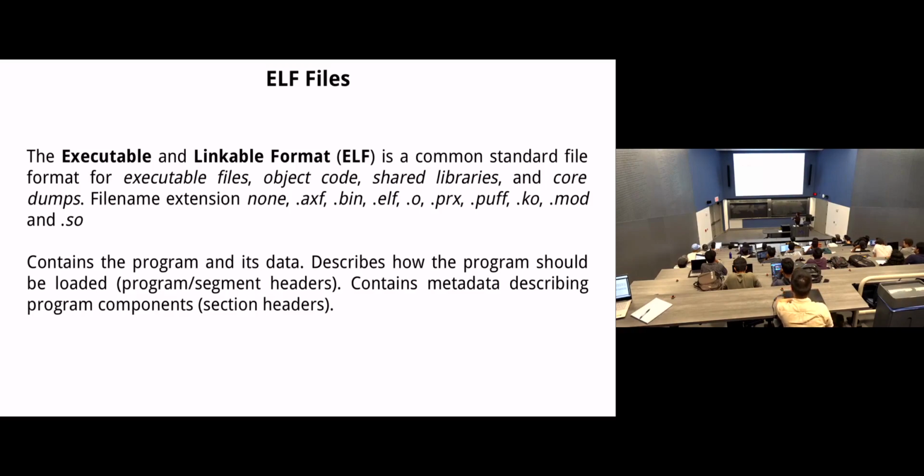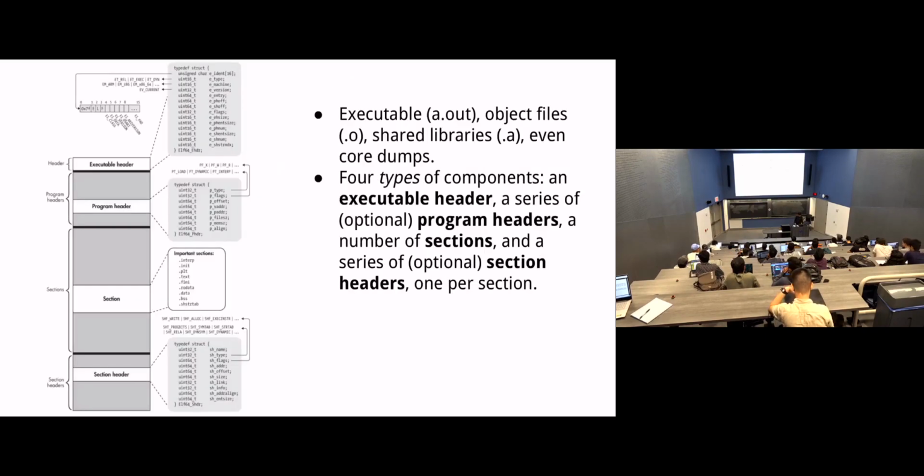So the program you have is an ELF file. It contains the program, which means code. It also contains some data for it to use. And this file format also describes how this program should be loaded into memory. It also has all kinds of header information, which we are going to take a look at.